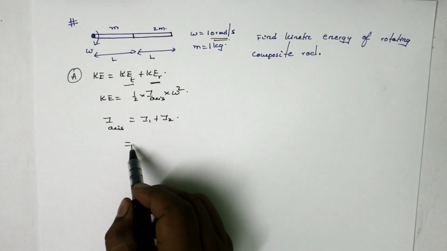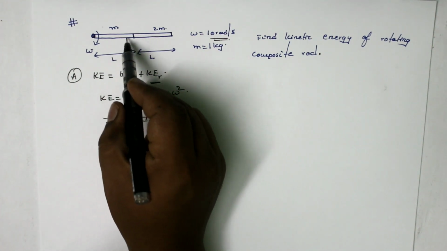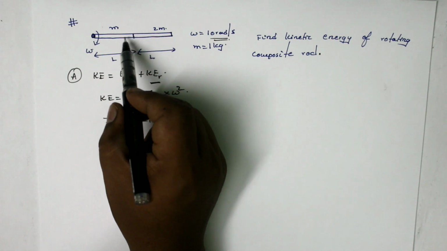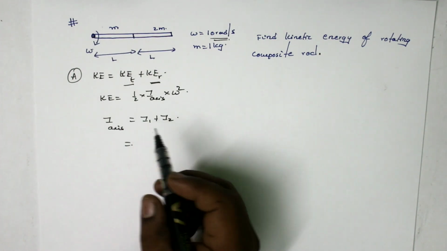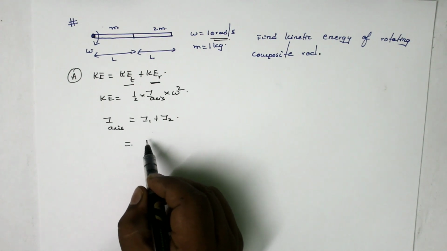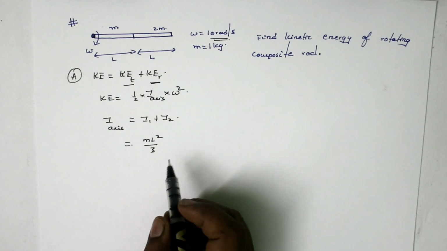For the first rod I can calculate it very simply, because the axis is at the edge of the rod, and for such situations we already know that the moment of inertia is ML square divided by 3.